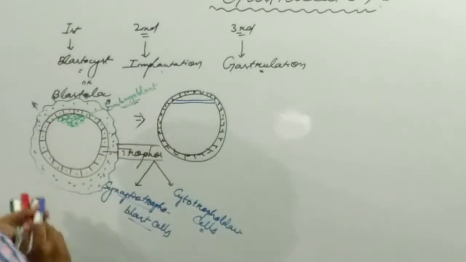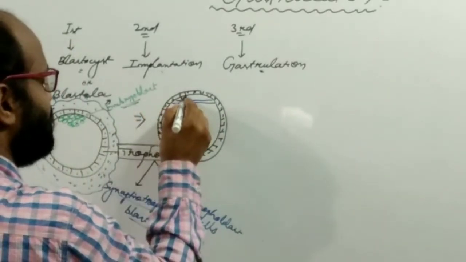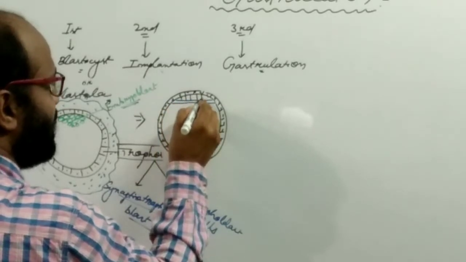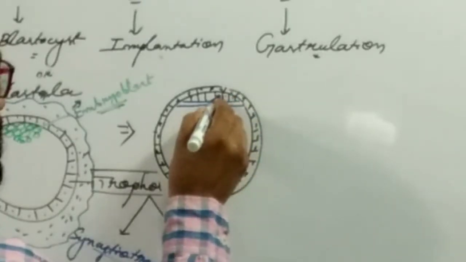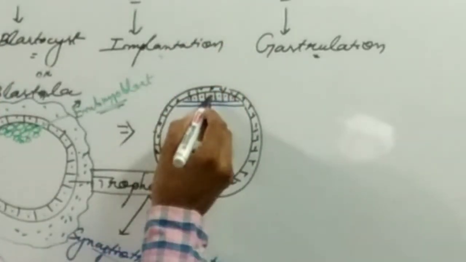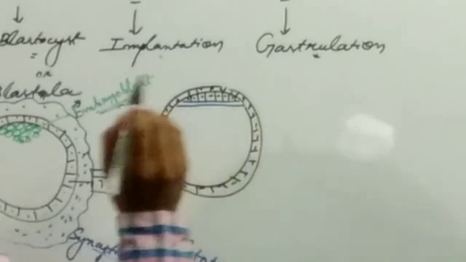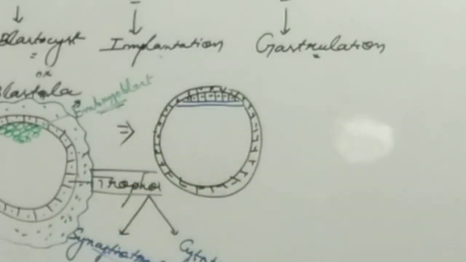The outer layer cells are columnar shaped cells. These dorsal columnar shaped cells are known as the epiblast cells.